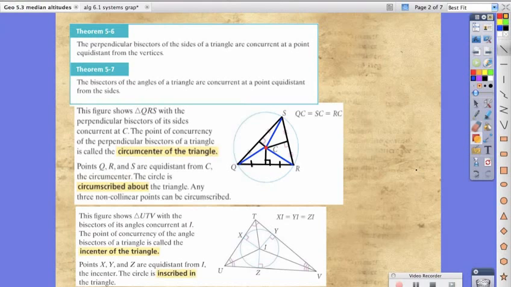Now, Theorem 5.7 is similar, but not the same. It says that the bisectors of the angles of a triangle are concurrent at a point equidistant from the sides. So, let's use the picture below the one we were just working with to make this a little bit more clear. The bisectors of the angles means the lines that cut the angles in half.